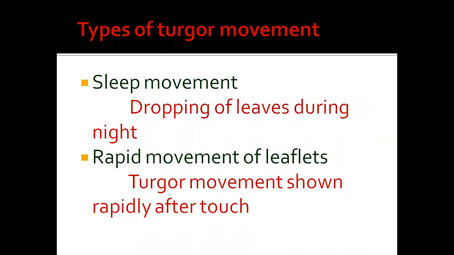Now the turgor movements are sleep movements, which are the dropping of leaves during the night, and the rapid movement of leaflets, shown rapidly after touch. In the case of sleep movement, dropping of leaves, at the junction of the leaf and the stem there is a swollen portion called the pulvinus.